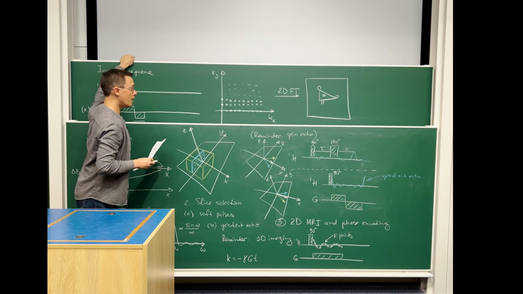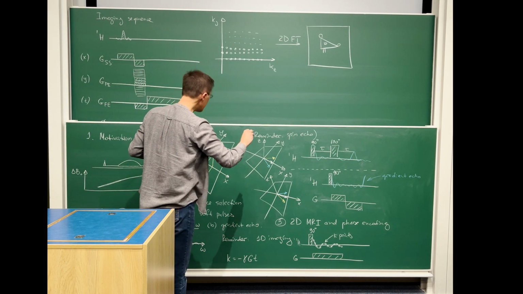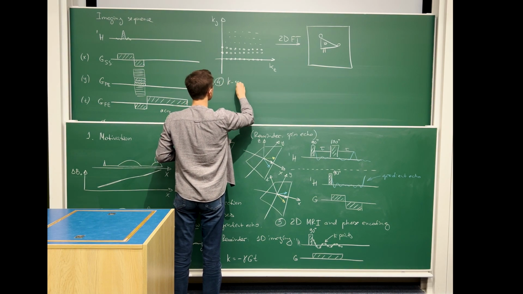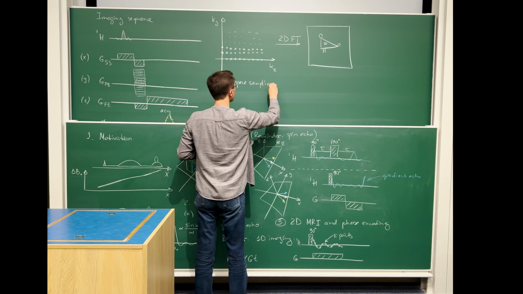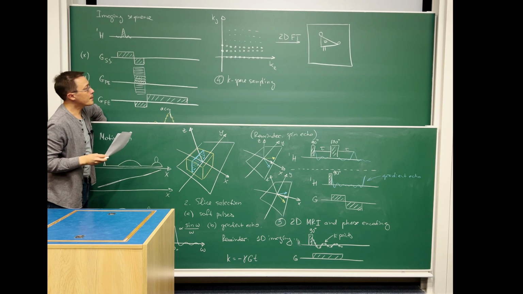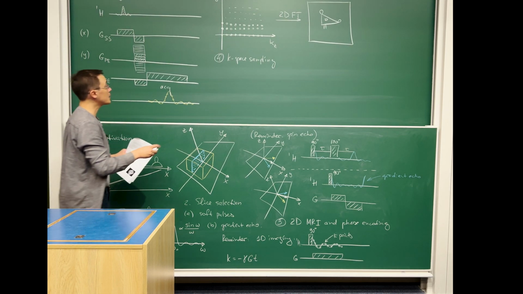So let us cover the final topic for today, and that is k-space sampling, and that's topic number 4. So remember our discussion of time domain sampling of a magnetic resonance signal.